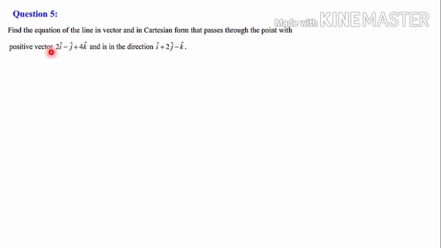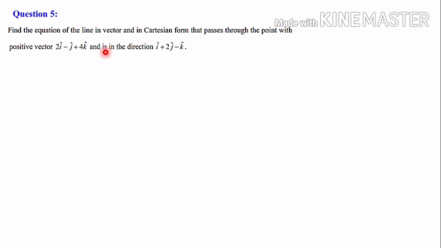Passing through the point (2, minus 1, 4). And it is in the direction of i cap plus 2j cap minus k cap.